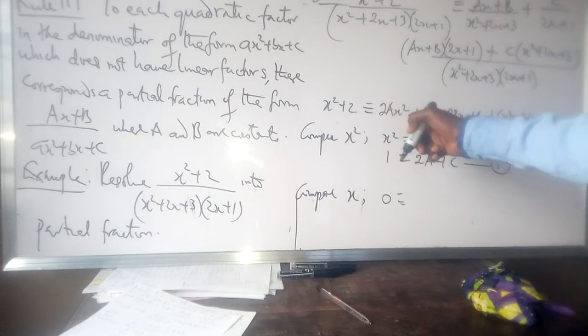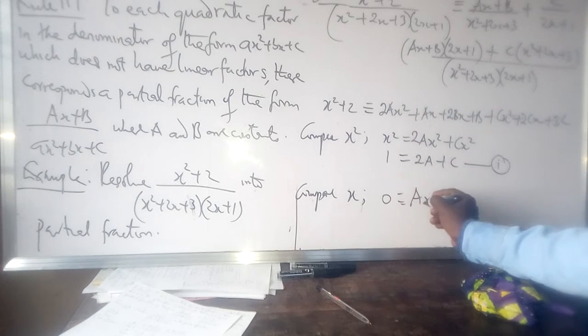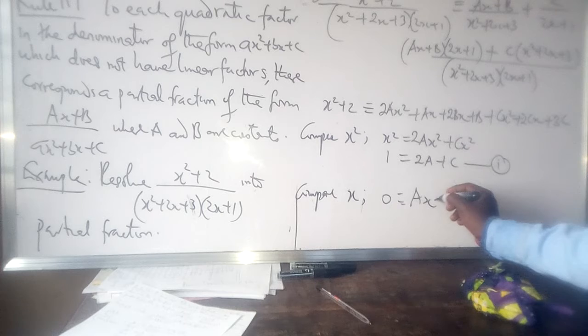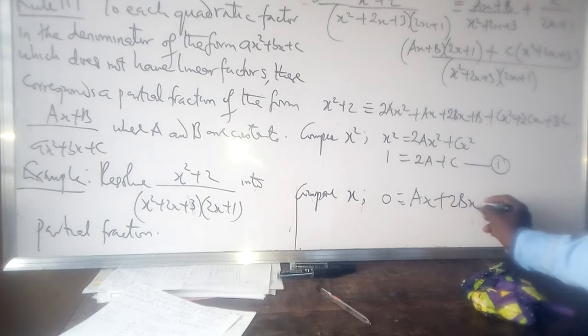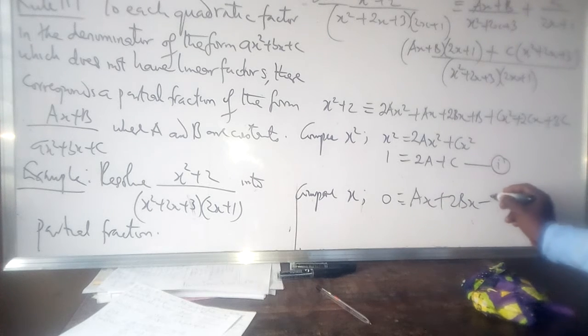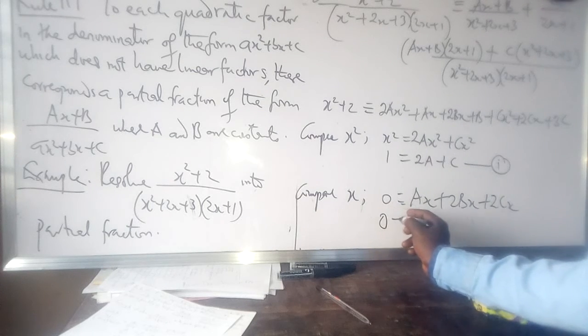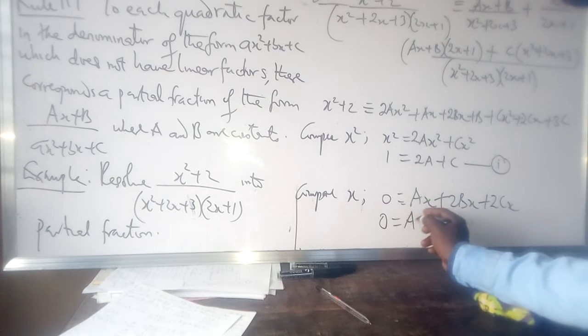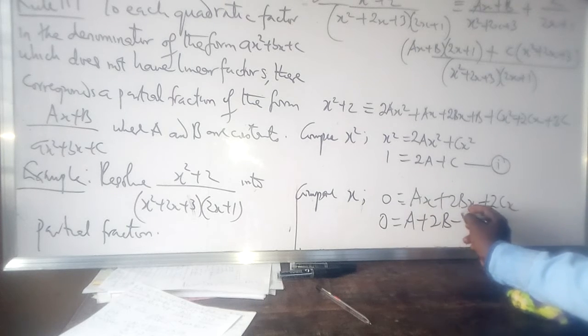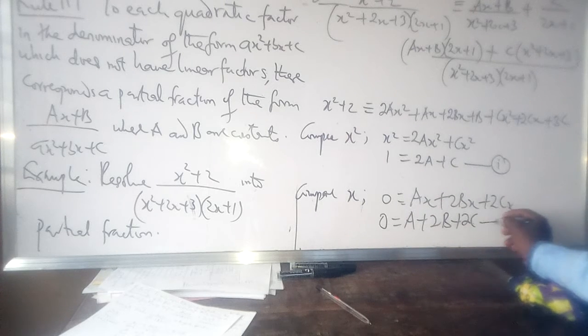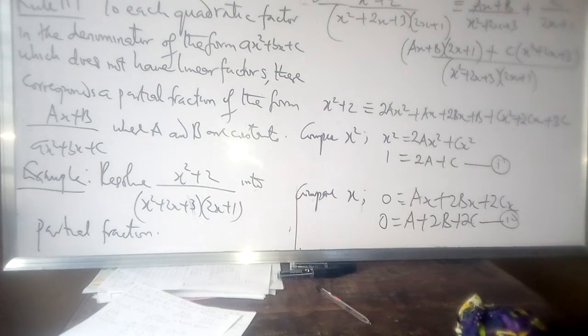On the right-hand side we have ax, plus 2bx, plus 2cx. By the time we divide through by x, this will be 0 equals a plus 2b plus 2c. We call that equation 2. I hope you are following.